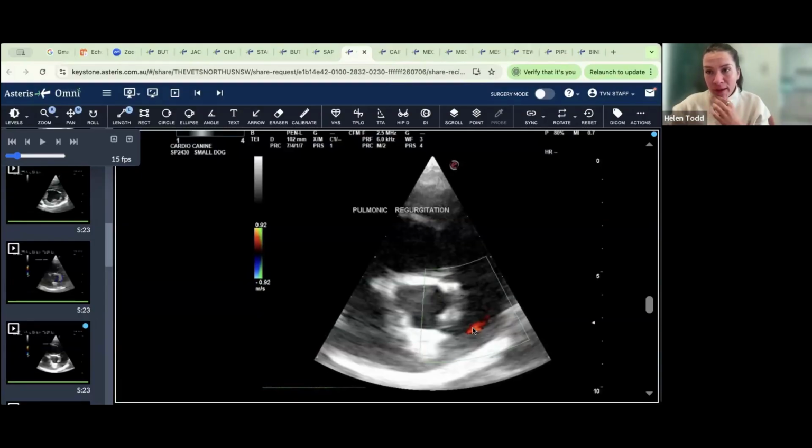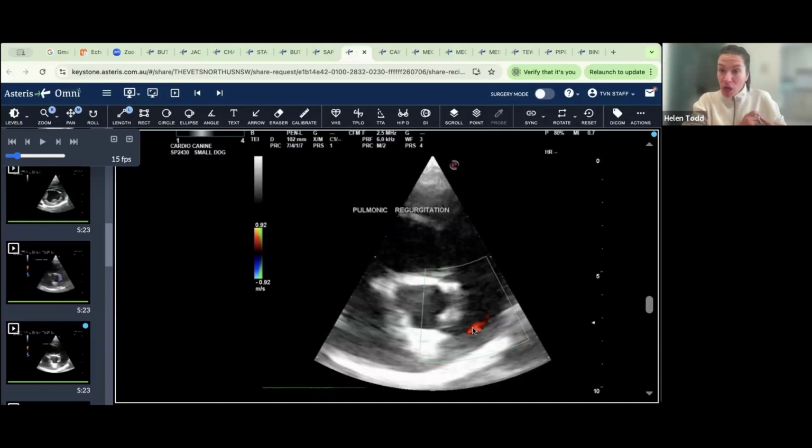And what about a dog that you're worried had pulmonic stenosis? Do you think you'd see regurg? I think probably not. It's really variable.